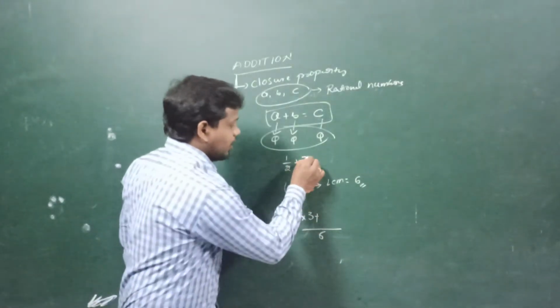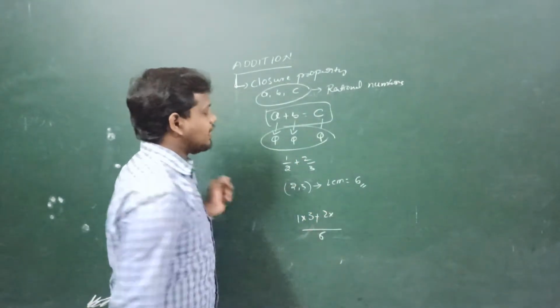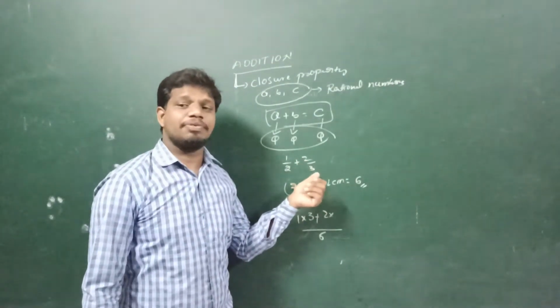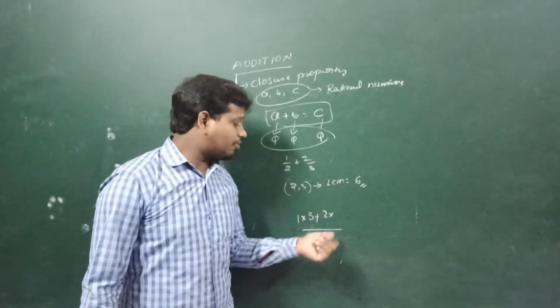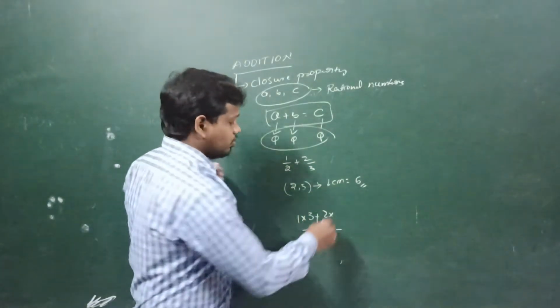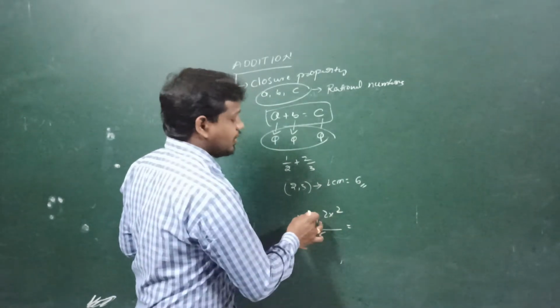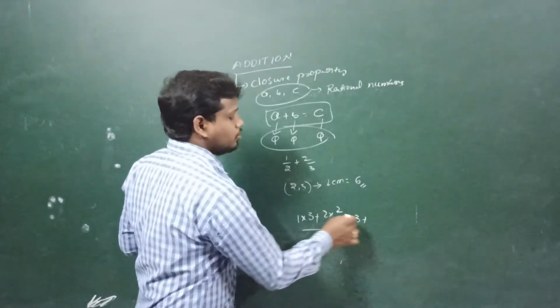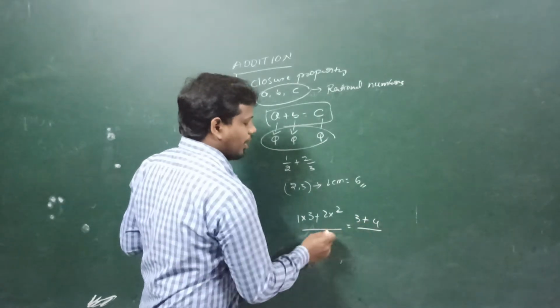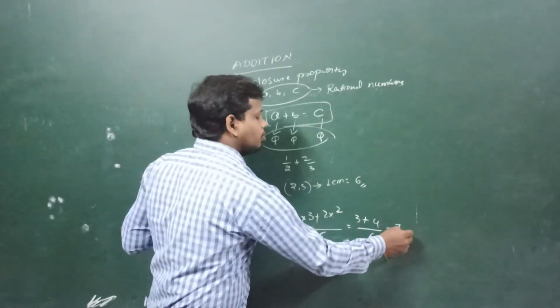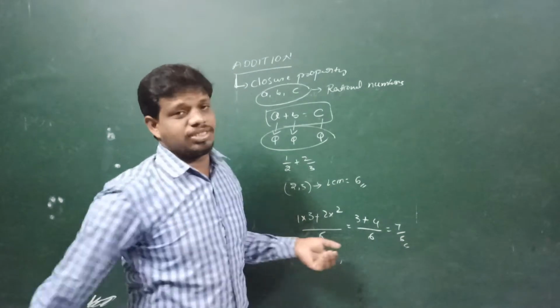Next, in this 3 denominator, in the 3 table when will we get 6? 2s are 6, so we get 2 into 2. Next, 1 threes are 3 plus 2 twos are 4, by 6, that equals 7 by 6.